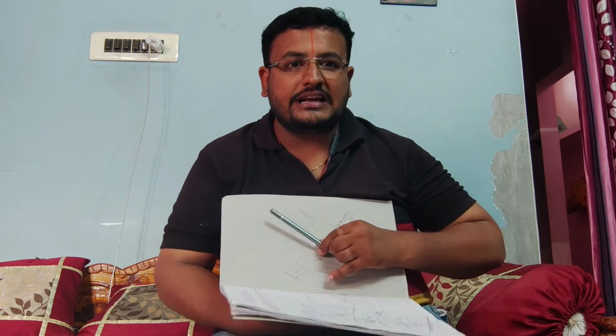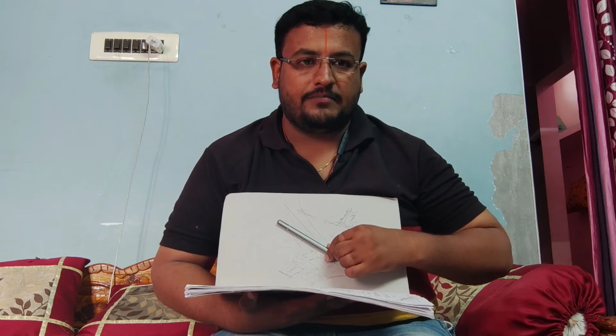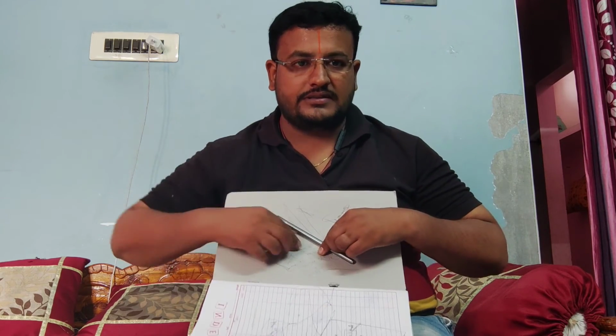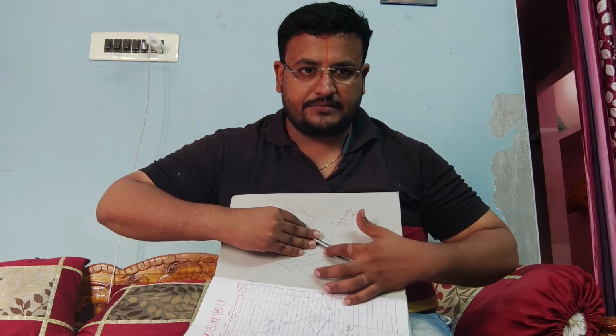If you draw a horizontal line, you can see this inclination. The line is inclined to HP and parallel to VP.